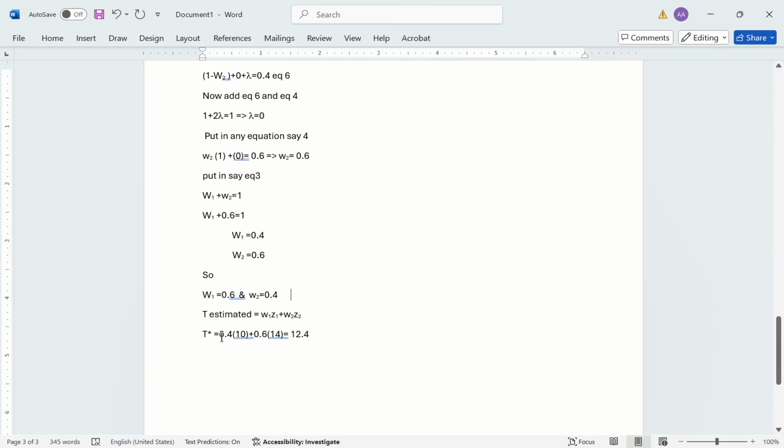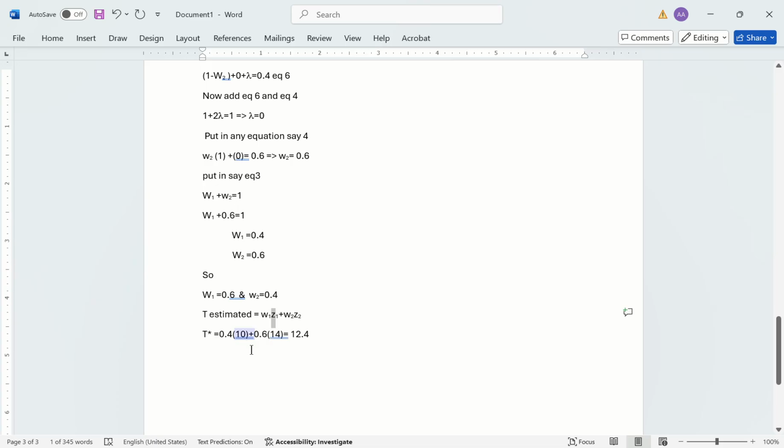Now we have got these weights. How are we going to estimate the grade of the unknown point? If we have only 2 points and the grades of those two were known already, then we found the weights W1 and W2. These are the Kriging weights.